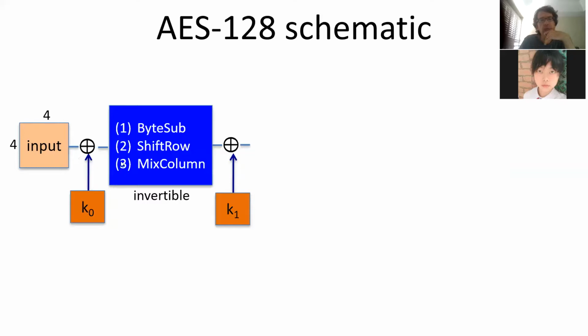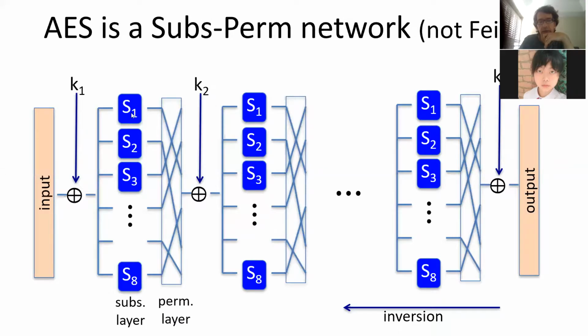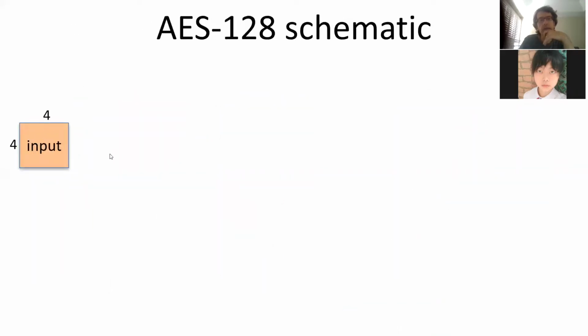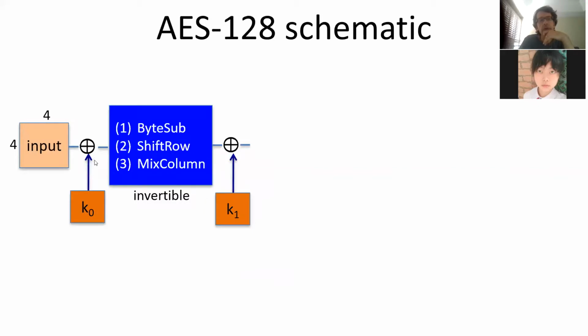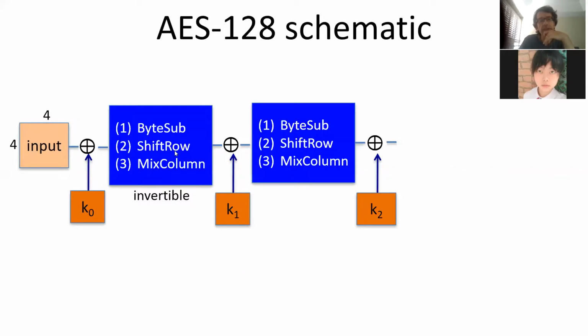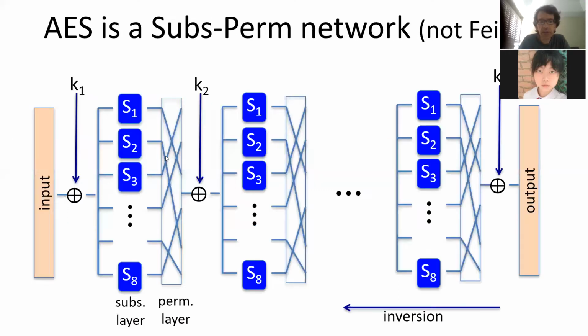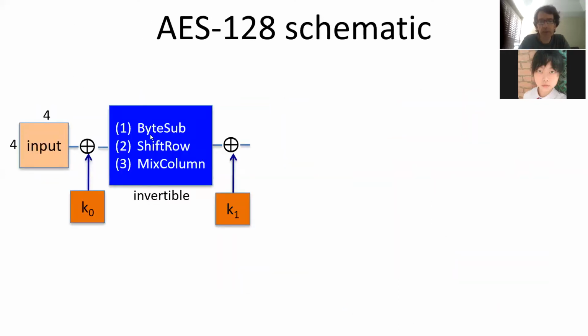So here is the zooming on the blue block, on the S1. They do three sequences of substitutions. First is the byte substitution, an 8 by 8 lookup table.